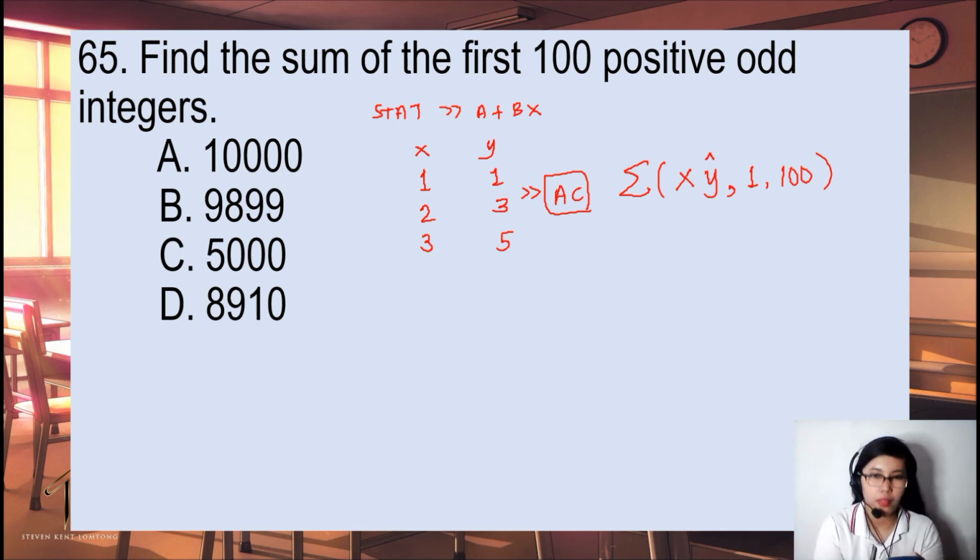So that's 1, 2, and 3. And in your calculator, that's 1 and 5. Tapos AC, then shift. Tapos X, then 5, 1, 1. 1 to 100. And that is 10,000.